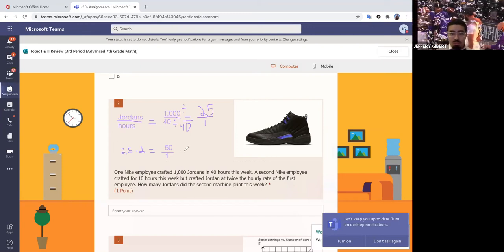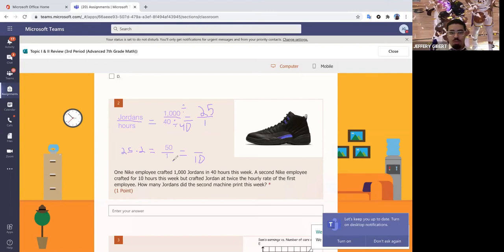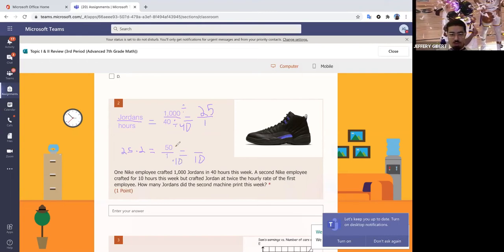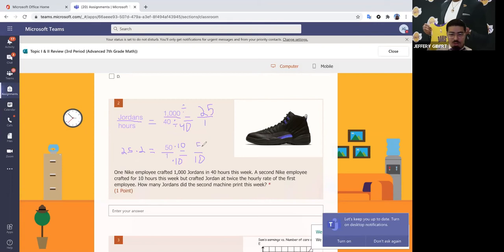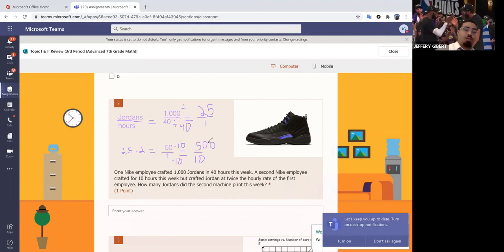Now we want there to be 10 hours instead of 1 hour. How do you get from 1 to 10? Times 10. So you got to do 50 times 10, and 50 times 10 is 500. So our answer to this question is going to be 500.